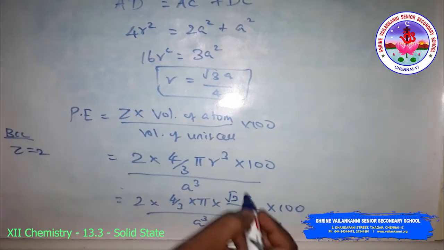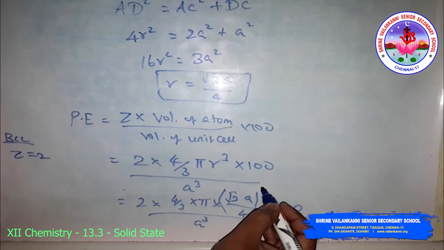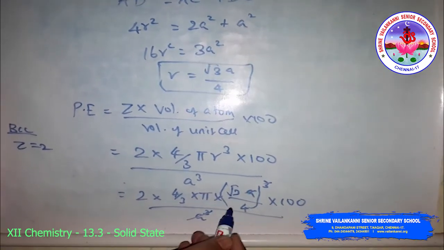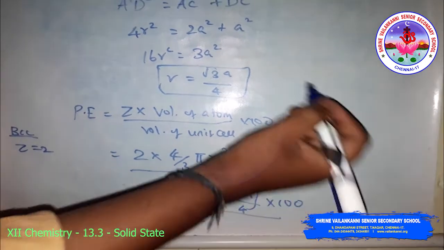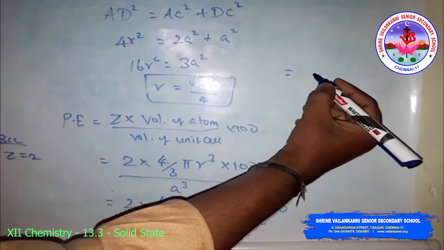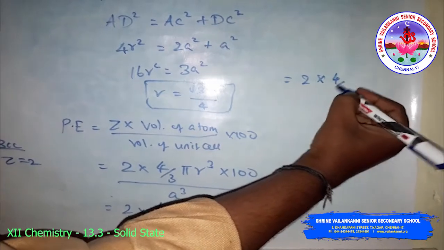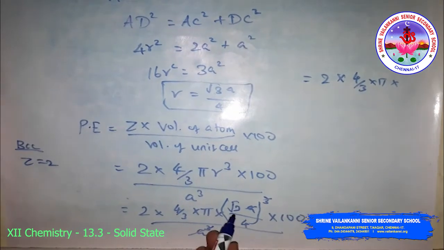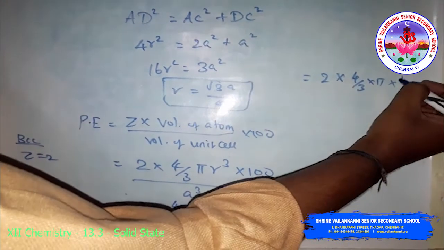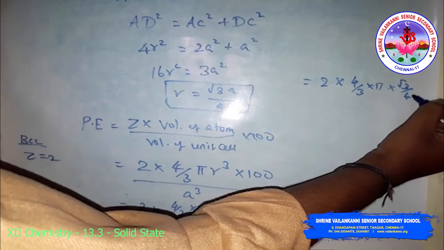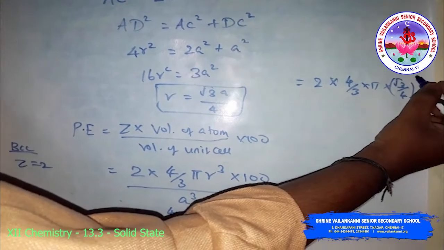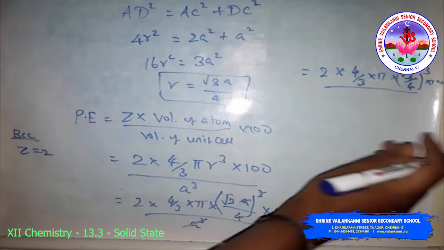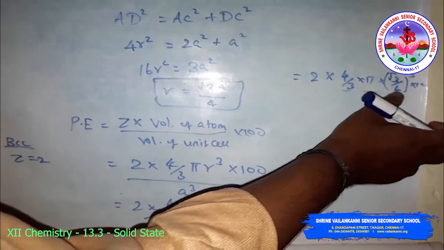So here r cube, so that whole cube. So this a cube is cancelled, remaining is 2 into 4 by 3 into pi, root 3 by 4 whole cube, into 100.